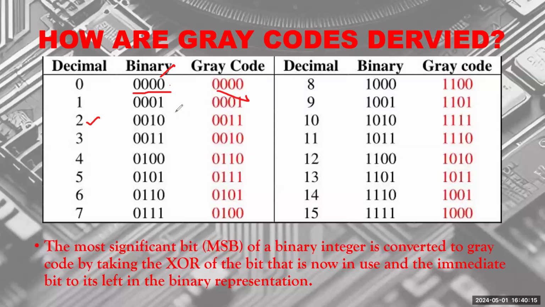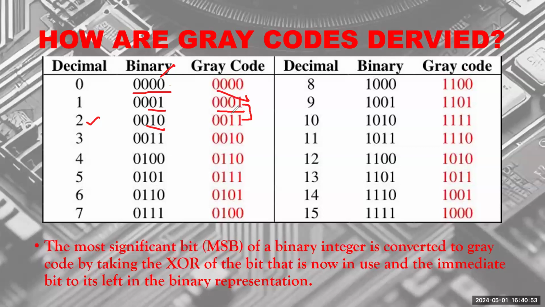But if you convert 0001 to 0010, it becomes a two-bit change, since the most significant bit one is also changing, and the next immediate bit on the left is also changing. So that doesn't act as a gray code. Because of that, we retain the most significant bit as it is and change the immediate bit towards its left. This is how a gray code conversion takes place, which is just one bit change.